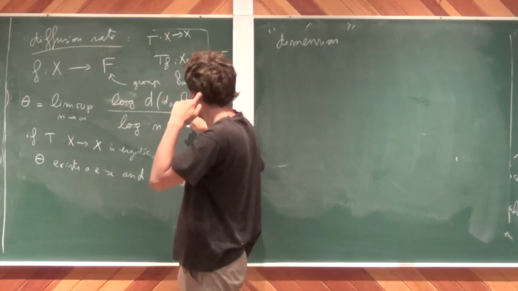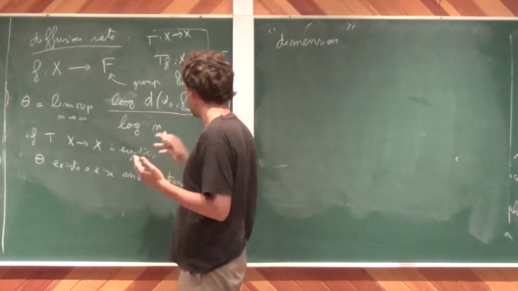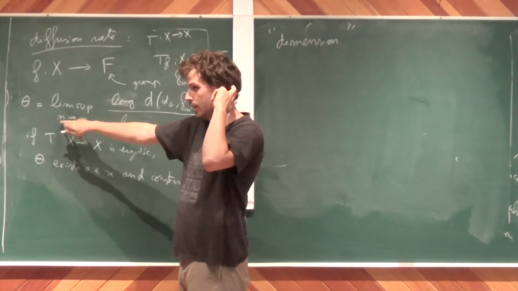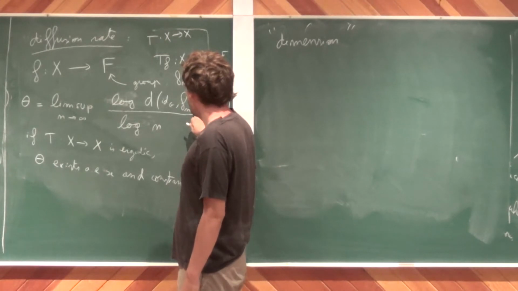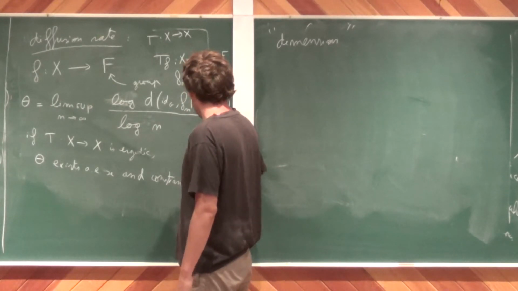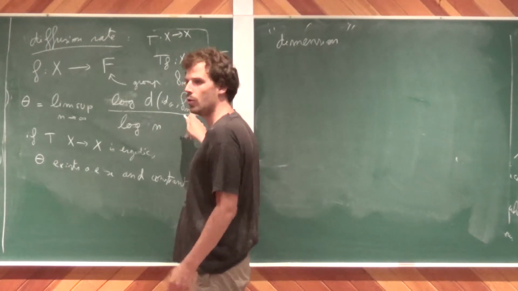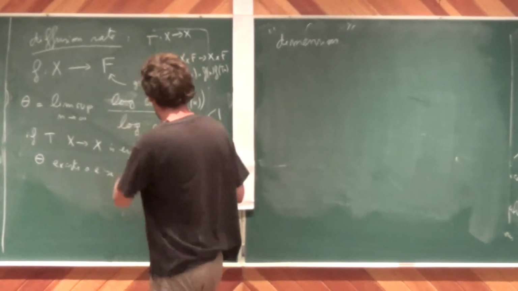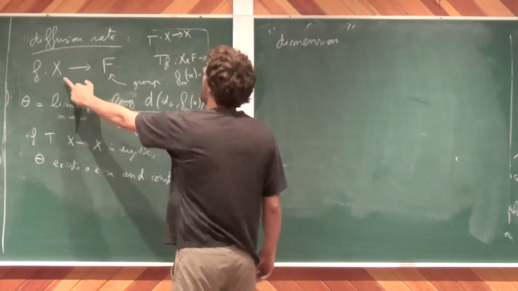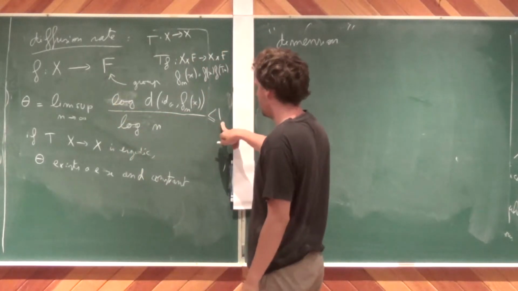So you look at the farthest distance in the fiber you get up to time n, and you take the lim sup. This is smaller than 1, because you do not go faster than speed 1. If the image is finite, it's no bigger than 1.